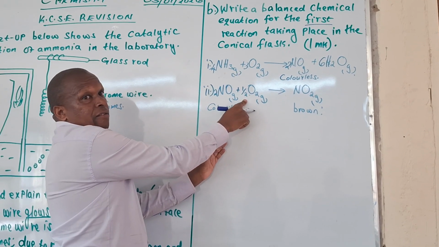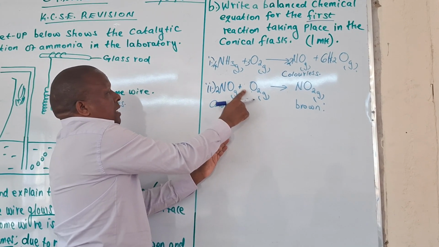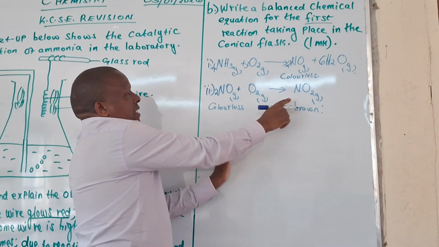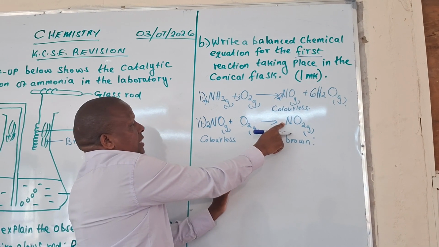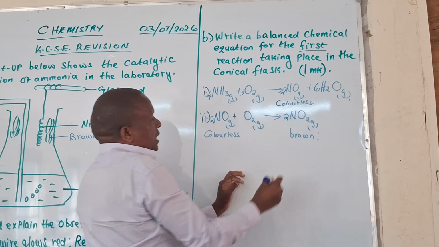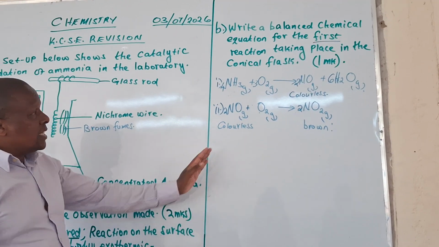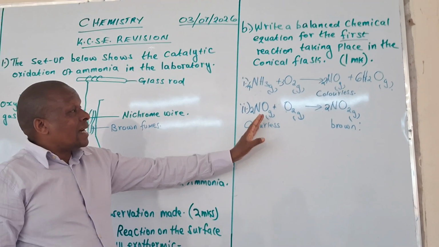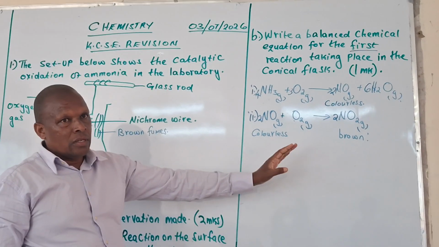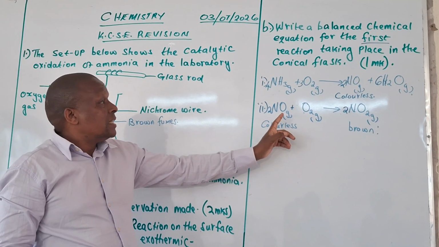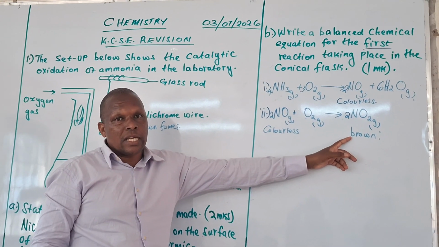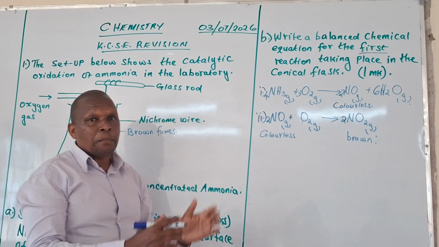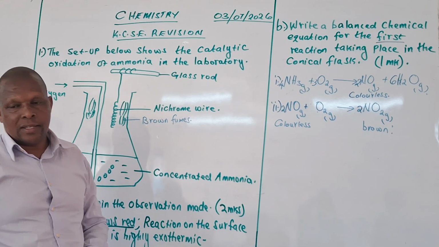Here you have a half times 2, it will become 1. And then here we have 1 times 2, it will now become 2. So you can see how the color has changed from colorless to brown. Nitrogen 2 oxide is readily oxidized to brown nitrogen 4 oxide by oxygen, which is present in the conical flask.